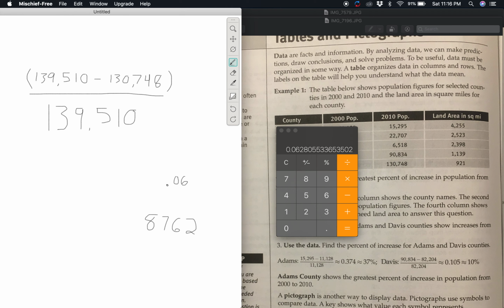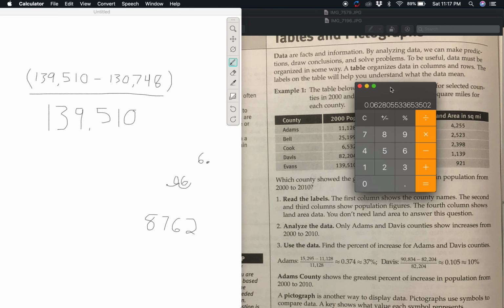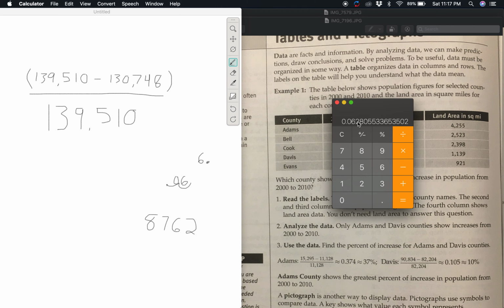Okay, so we have 6%. So that is the amount of decrease there. In situations like this, you could actually round it off too. So for example, if this 2 here was 5 or above, you would just use 7%. But since it's a 2, you keep it at 6%.